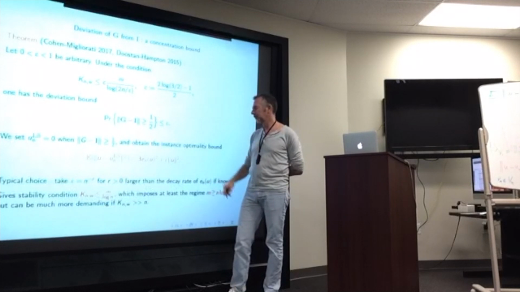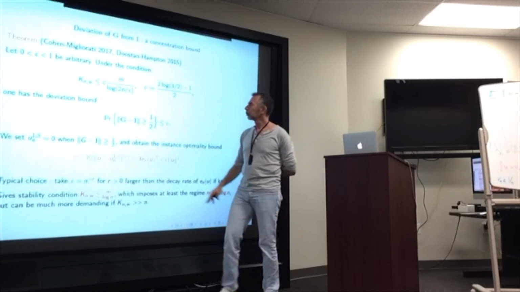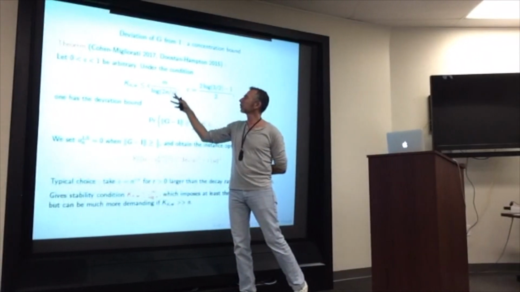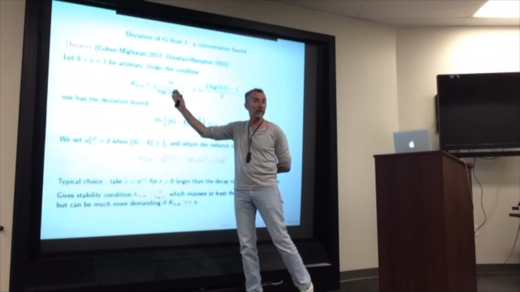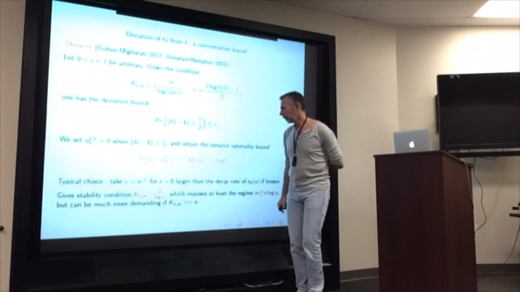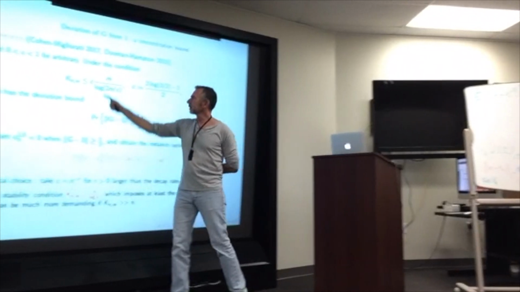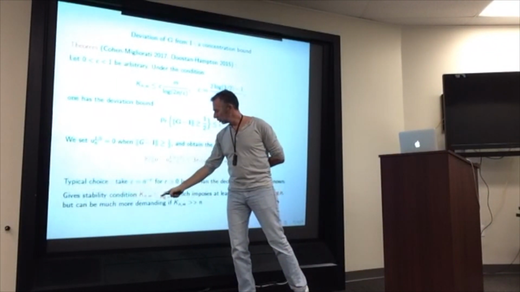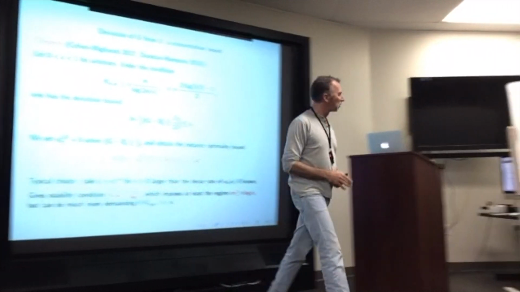You want not to be bothered by this term. So you enter some additional power of n here, but these are essentially log factors. So the condition becomes Knw bounded by m divided by log n.